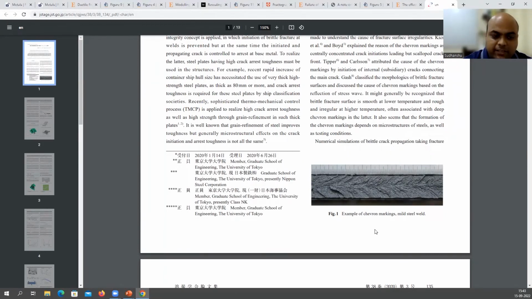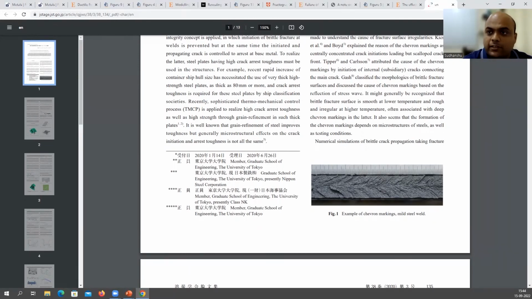Okay. And what you see here, these are your Chevron patterns. Okay. You can see V shape, something like this. Okay. And remember, these are macroscopic features. So these are very large. Okay, so you can nicely see this V shape. So this is how Chevron markings look.